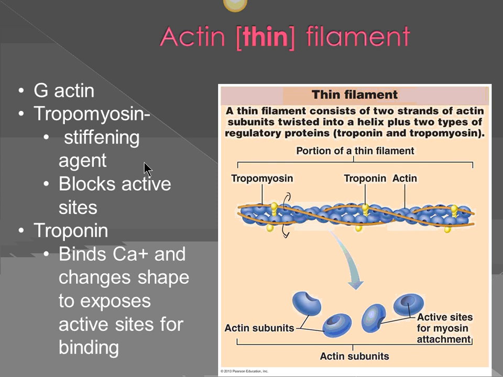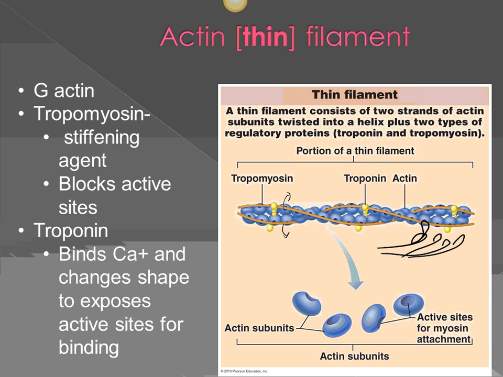I understand, like the purple balls, it moves them around into a different shape, and it moves that strand. Is that what it's doing? What happens is that in this state, the tropomyosin is going right across those active sites. You can't see myosin in this picture, but imagine you have myosin filaments present here. These myosin filaments attach to the active sites, but they cannot attach because you've got this thing across.